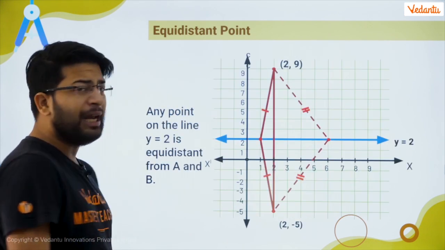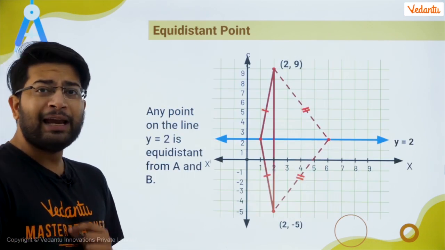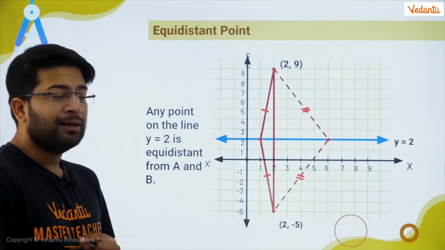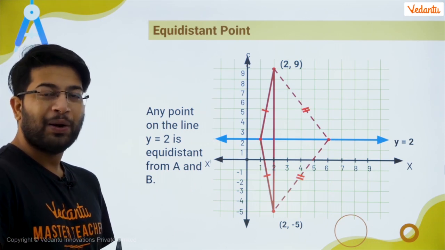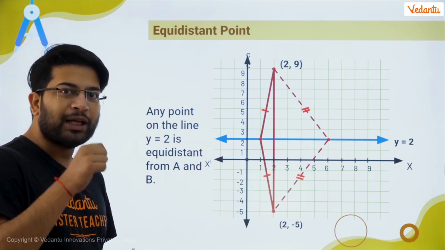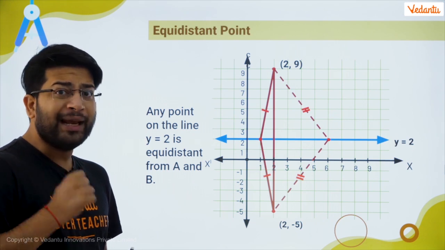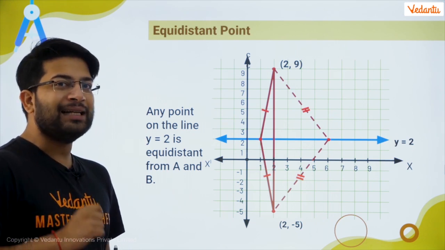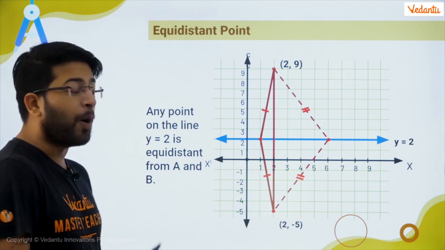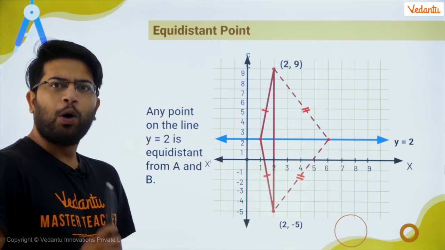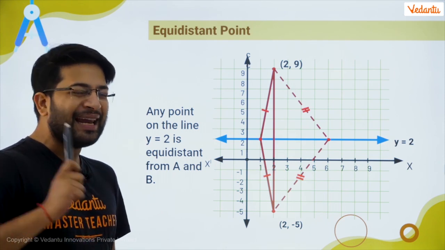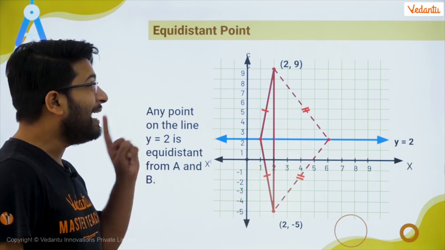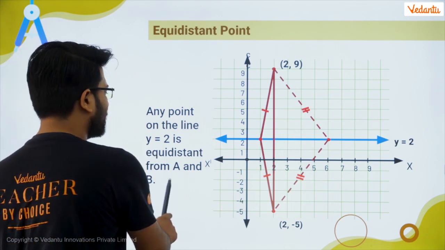That means, champ, if in the coordinate plane I draw the line y equal to 2, it is the line on which every point is at equal distance from point A and point B. On the line y equal to 2, every point is equidistant from A and B. Remember it. Very easy question.